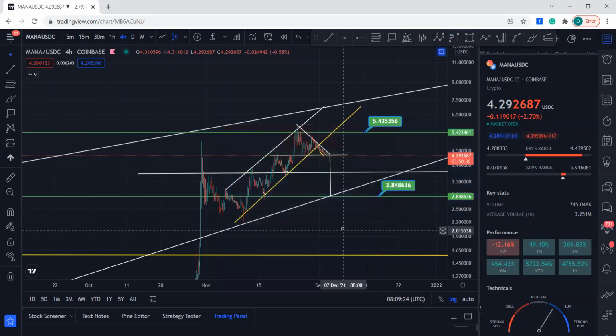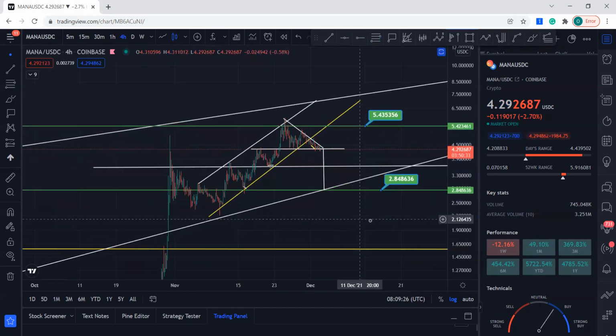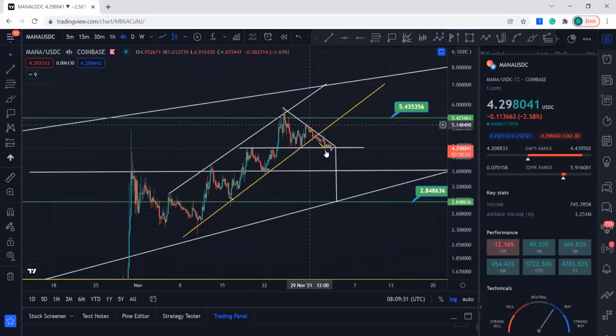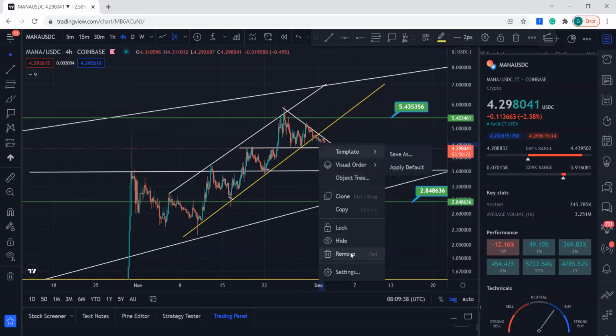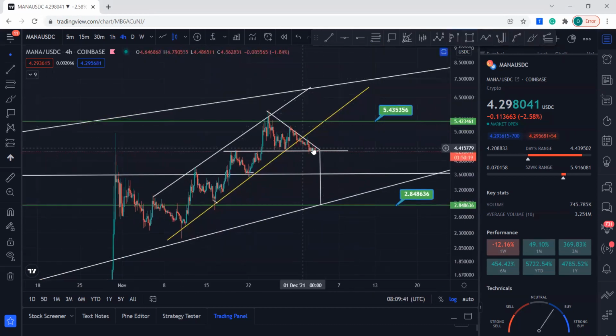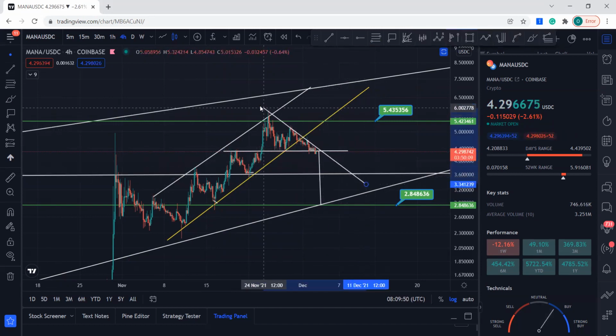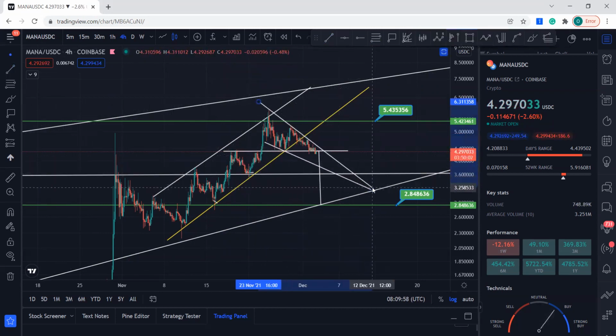Now let's take this off. Usually when a descending triangle breaks to the downside, which we don't know yet, but we are taking every step that can possibly happen, then it creates a falling wedge, something like this.